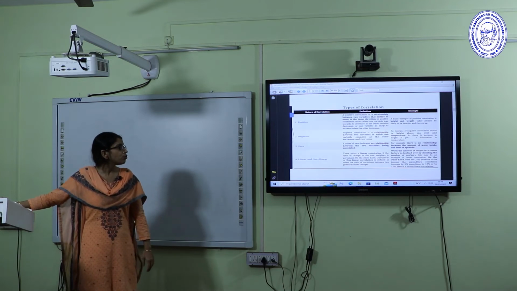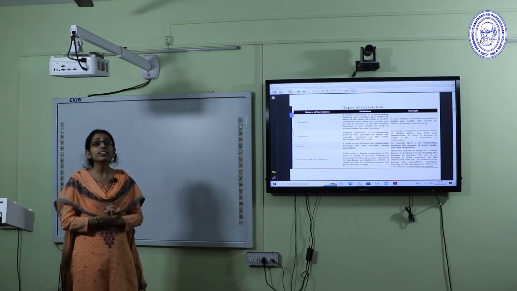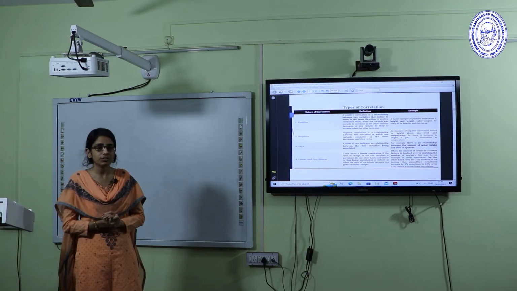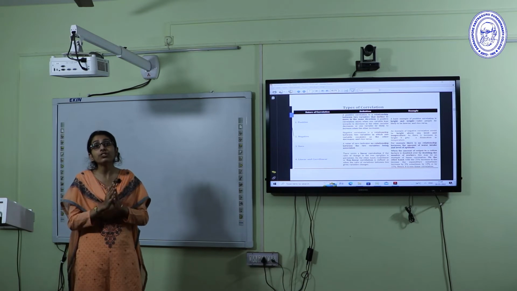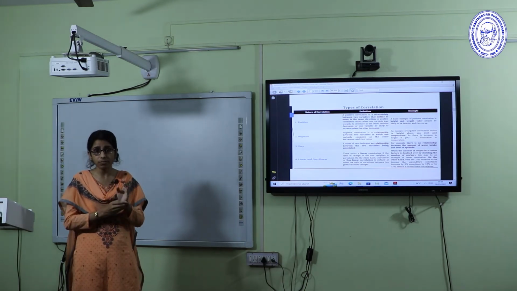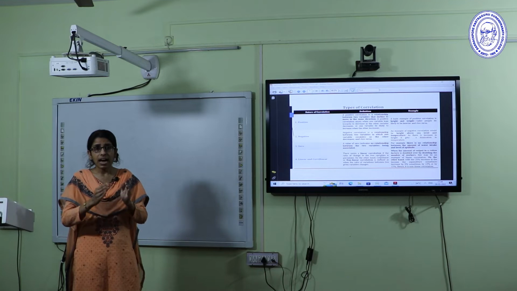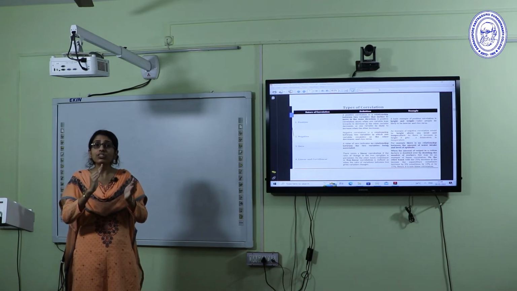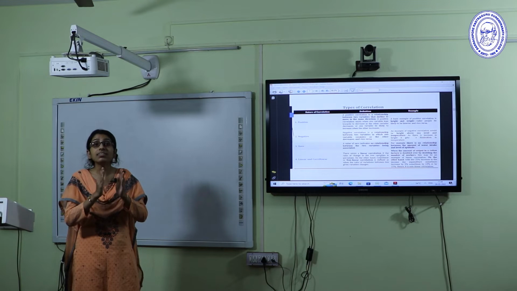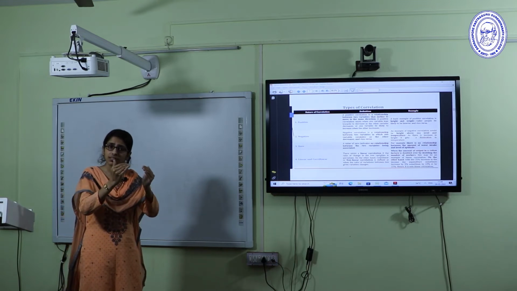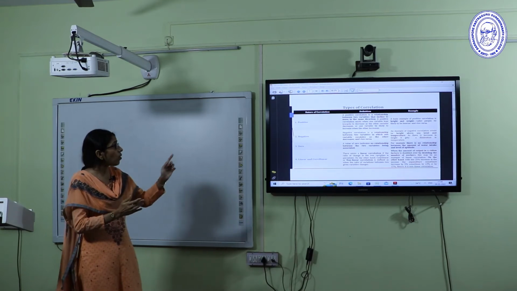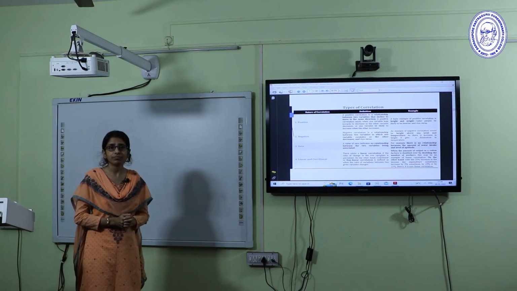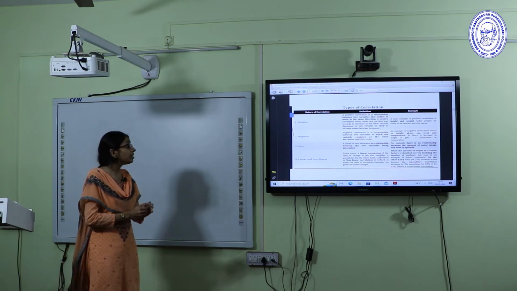Now we come to the linear and curvilinear correlation. When the nature of the relationship between the two variables, the nature of change, is consistent, that is constant, and both change in the same direction and in the same magnitude, then we call it linear correlation.